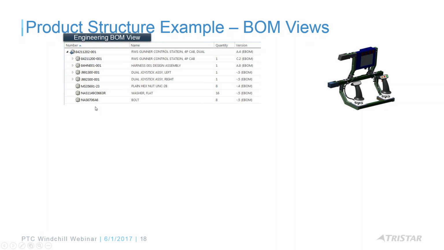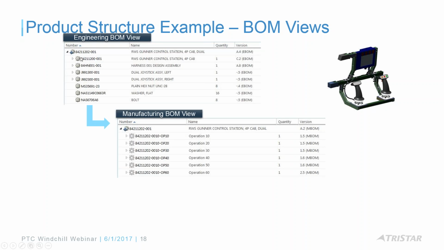So in Windchill, one example of a BOM view is when I create an assembly and I have a component structure, that component structure will be in a certain view. In this case, I have the engineering BOM view. The user can then transform that view for manufacturing purposes. So I might have the same top level assembly part number, but in this case used for manufacturing.